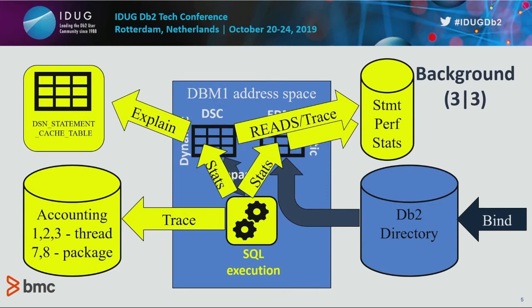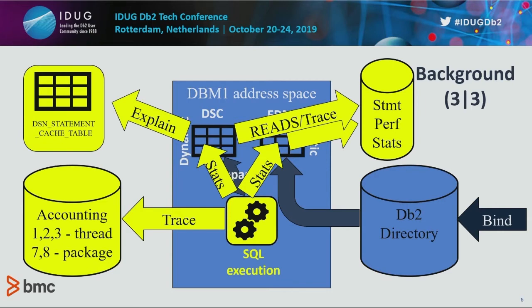With the static statistics, there's not an explain capability. The explain only pertains to the dynamic. But with static, you can write a program. You can use the DB2 instrumentation facility interface to issue a read-s to get that information in the form of DB2 trace records. And you can do that for either the static or the dynamic.